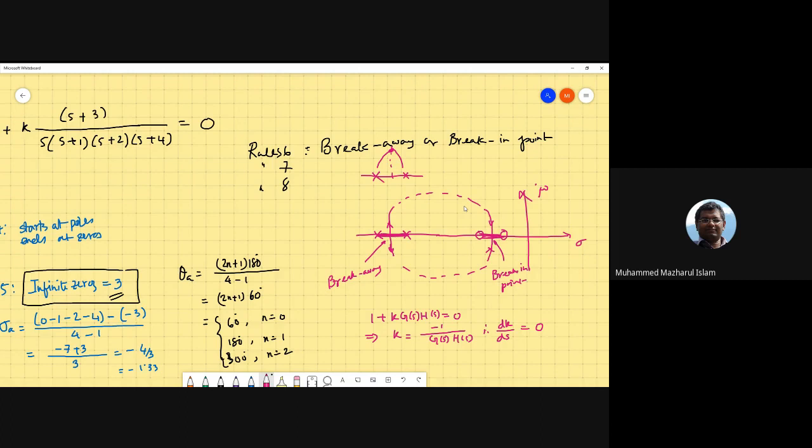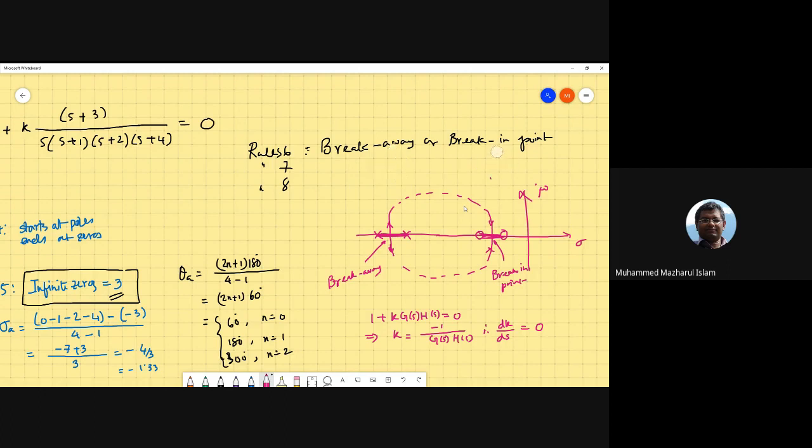And in a similar fashion the gain value at the break-in point is the minimum. So that's why dk ds equals to 0 just calculates the maxima or the minima of the function k. So k is a function of s in this case. So dk ds equals to 0 just finds the maxima or the minima. So let's do this before we learn the other rules.